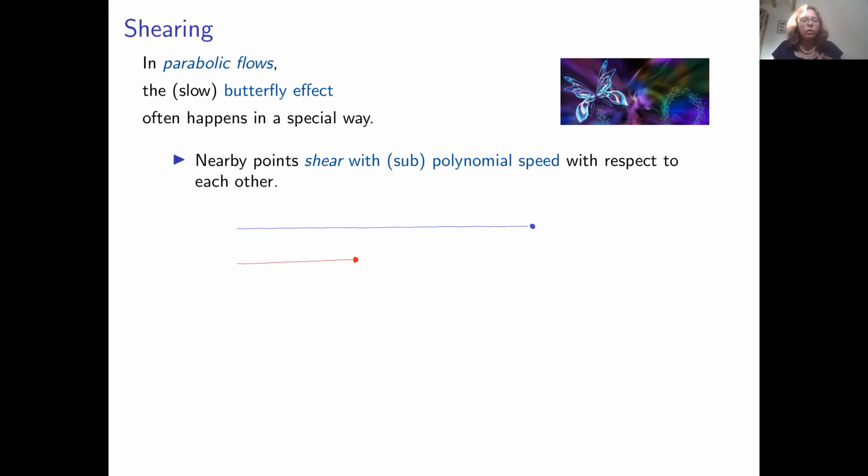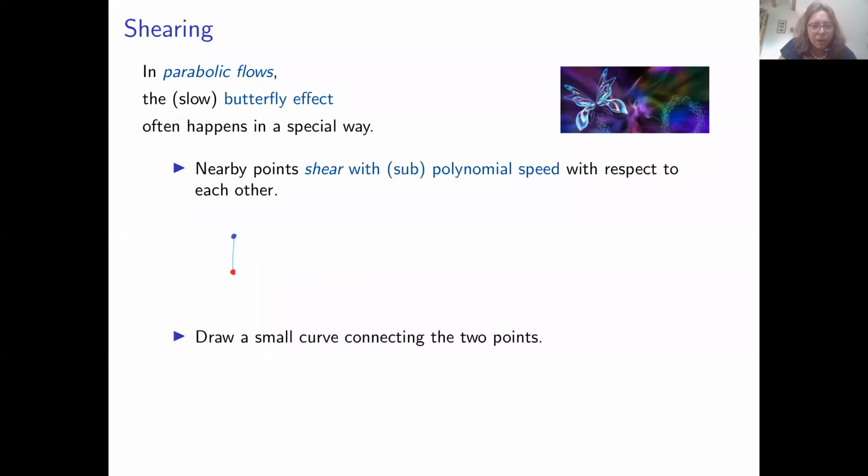And what you see in the examples I mentioned before is that the trajectories of these two points are parallel. So you travel on nearby trajectories, which stay parallel, but you travel at different speeds. The blue point in my picture is faster than the red point.